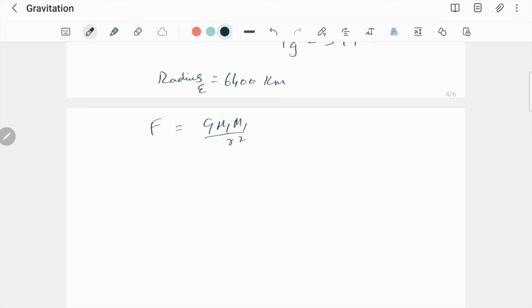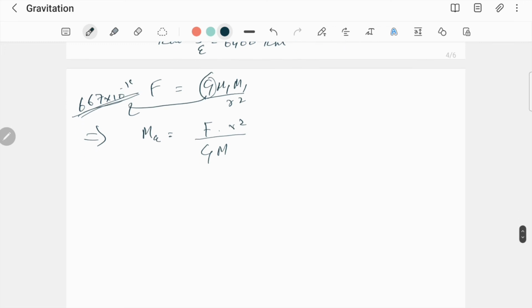So let's put these values in and use them. First of all, let's rearrange our formula to get the mass of Earth. And this is, by the way, the gravitational constant. It has a certain value, 6.67 times 10 to the power minus 11. I guess you'll get this everywhere in your exams, in data booklets, or the examiner will mention the value in the question.